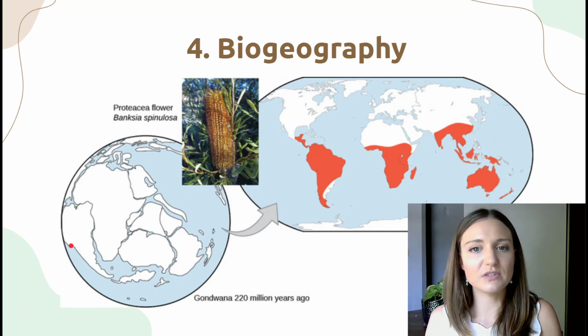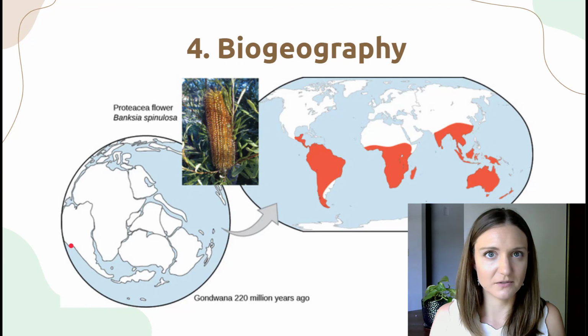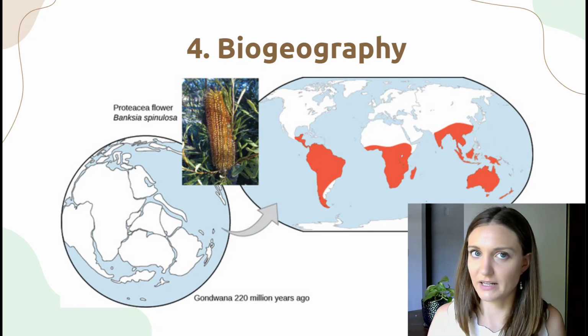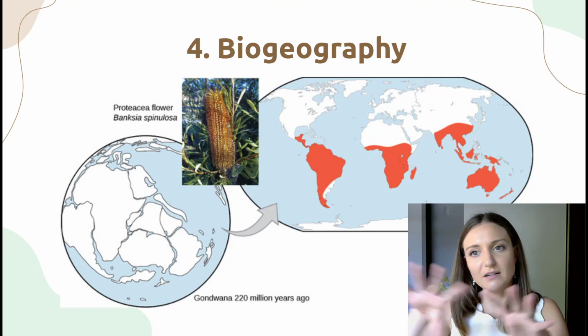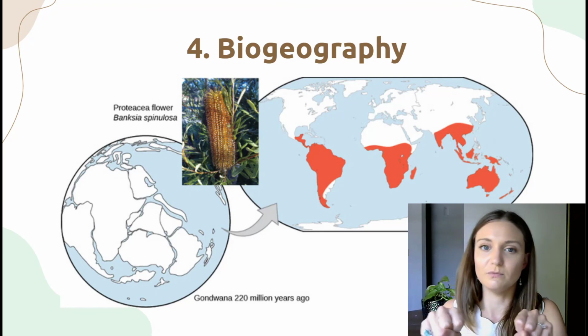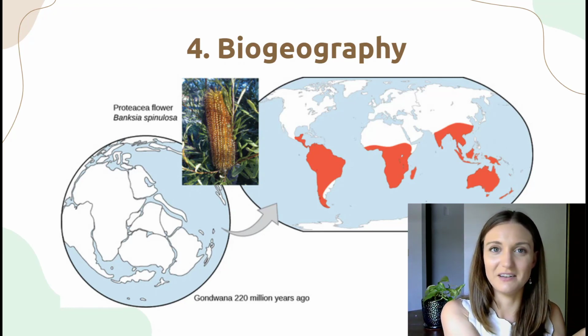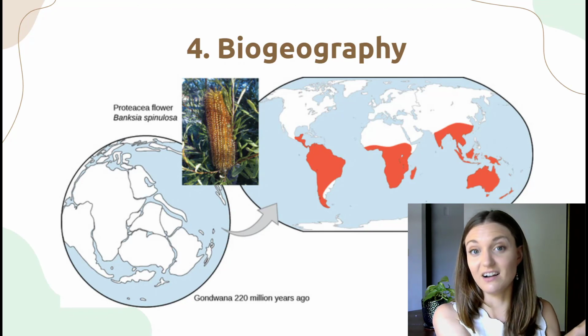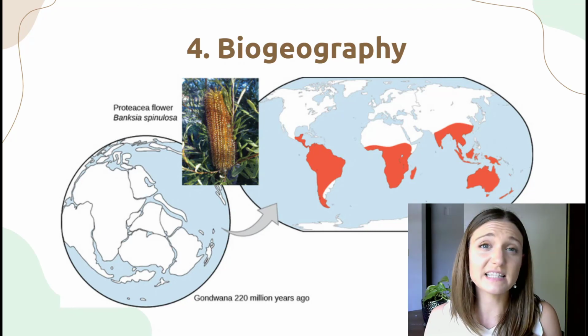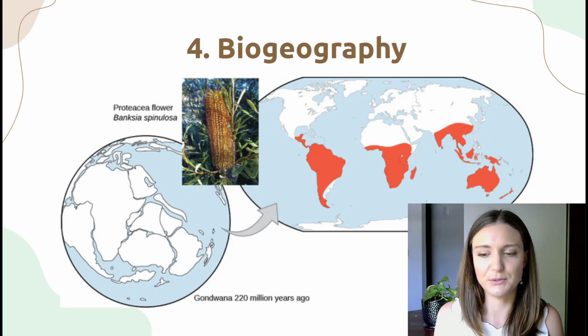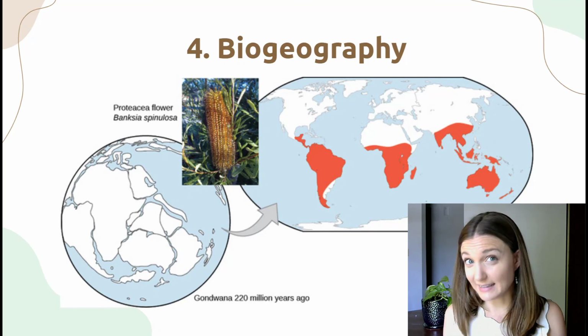So we can use the distribution of fossils to kind of predict where we would find current versions of species and vice versa. Okay, so based on where we find these organisms, we can then determine how these continents were connected in a certain way, and therefore the species arose at a certain time when the continents were connected in that way.